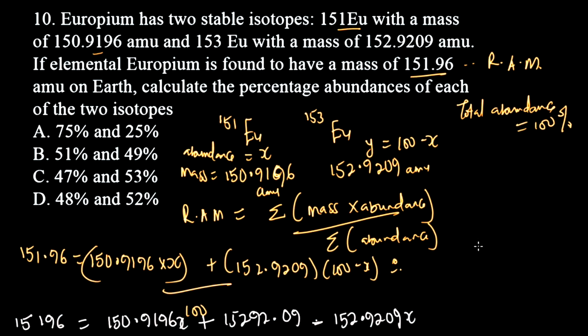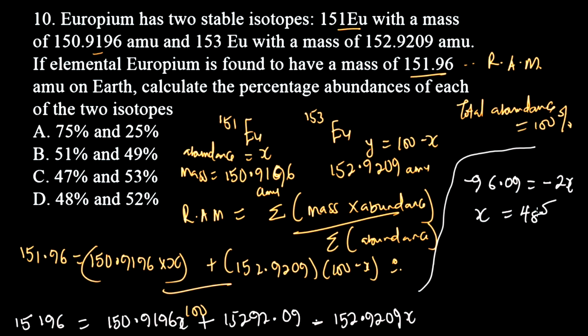So when you evaluate everything, we have negative 96.09 equals negative 2x. So we can therefore say that x equals 48% and y equals 52%. So this is the answer, option D.